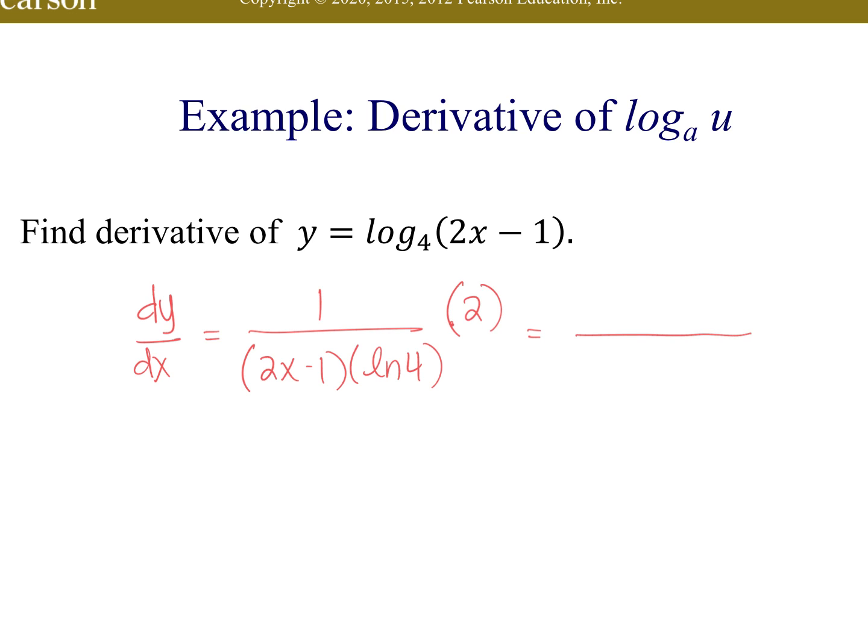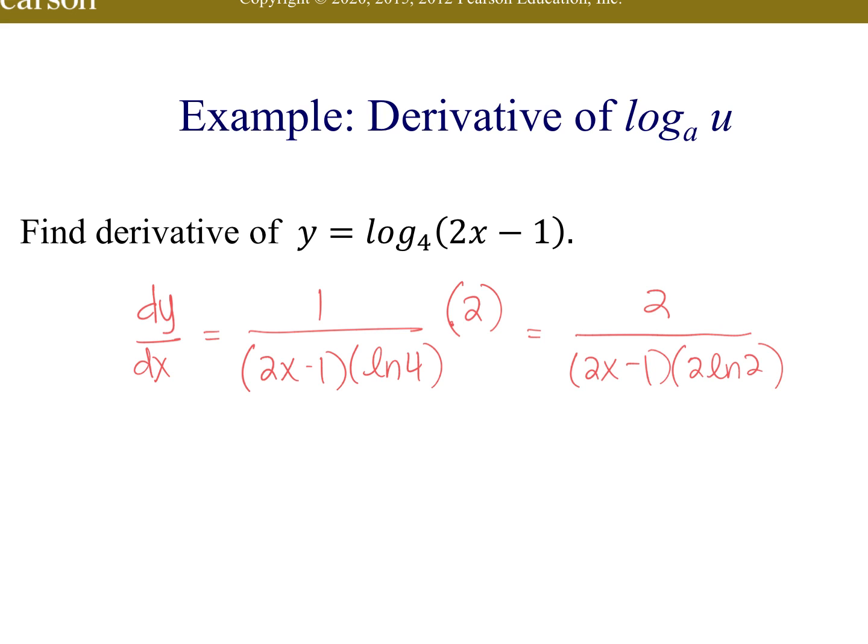So the numerator right now is 2. My denominator is 2x minus 1, but my ln of 4, we talked about this yesterday, can be 2 ln 2, because 4 is 2 squared. And so that is something you can simplify. Now, if it was ln 5, there's nothing you can do to ln 5, because 5 is not a perfect power.